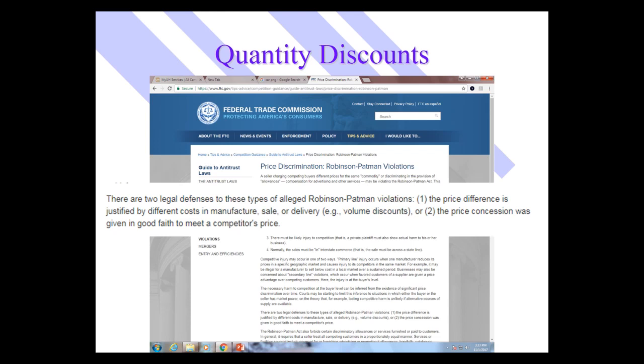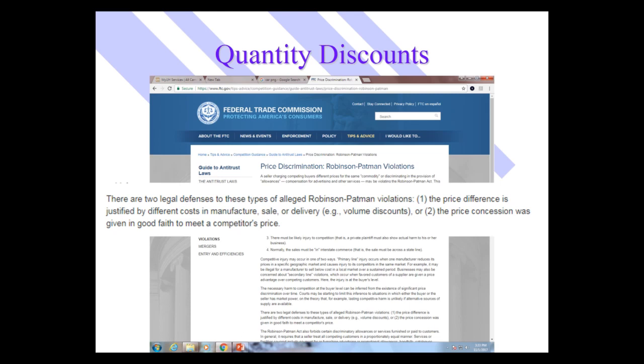Now, we're focusing on the price difference being justified by different costs, which can lead to things like volume discounts. But the key thing here is you have to be able to show how selling in greater volume lowers your cost. And that's very, very easy in certain cases.